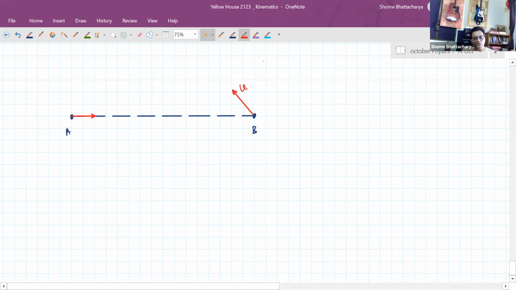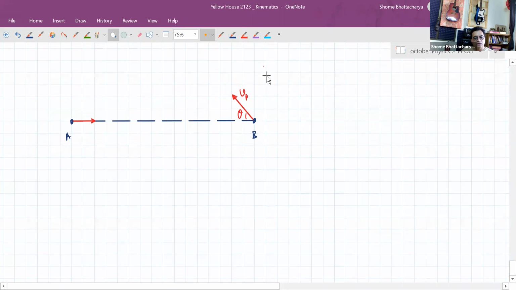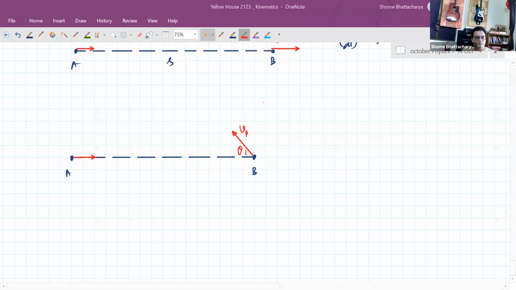So this is having some velocity VB, but at an angle of theta, whereas this one is having a velocity directly towards this.